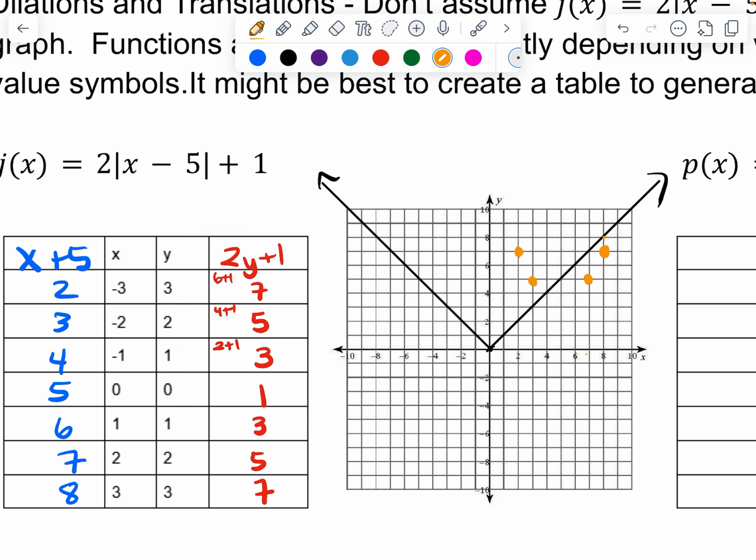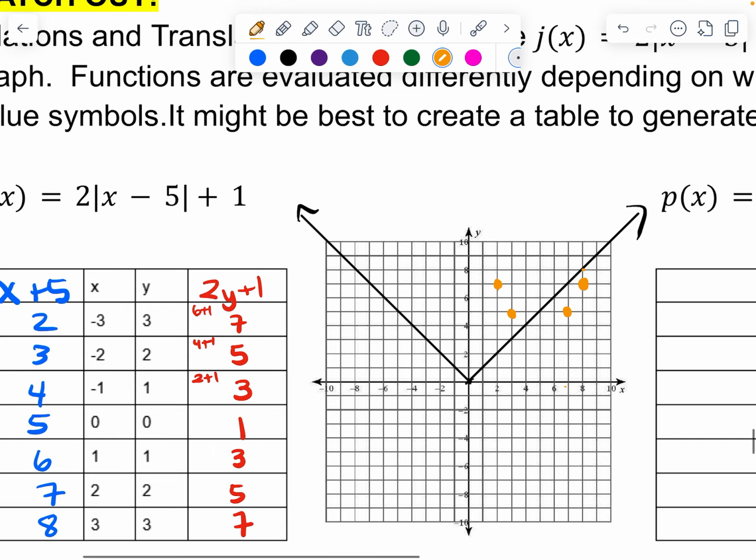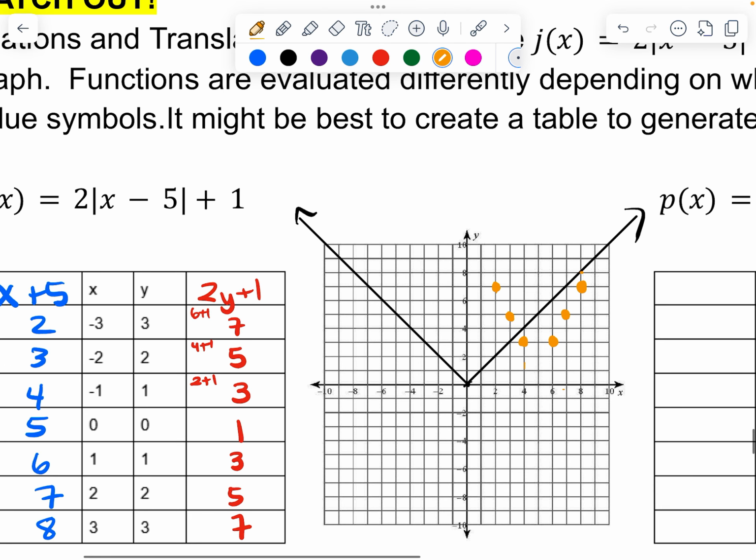Then I have 4, 3. And I have 6, 3. And I have 5, 1. And there we are.